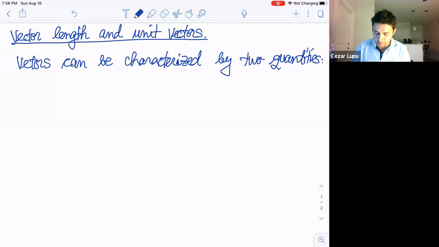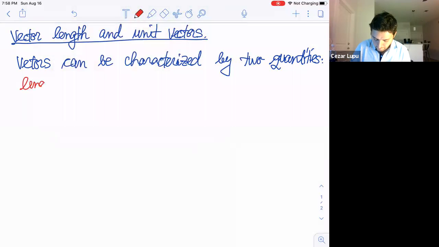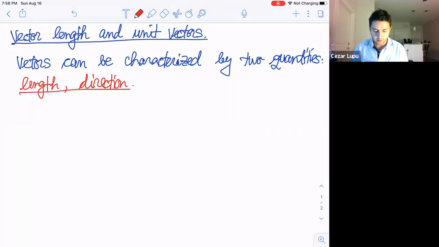These two quantities are the length and direction. This is very important, right? So we have seen this.